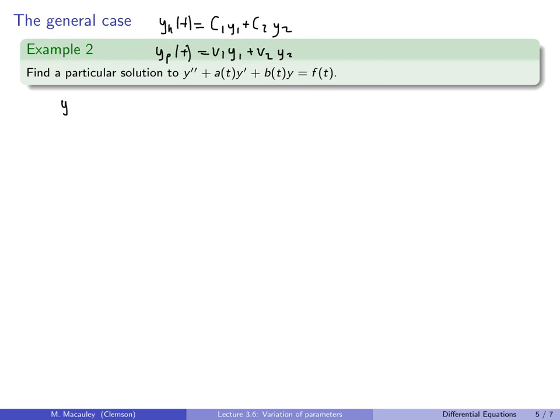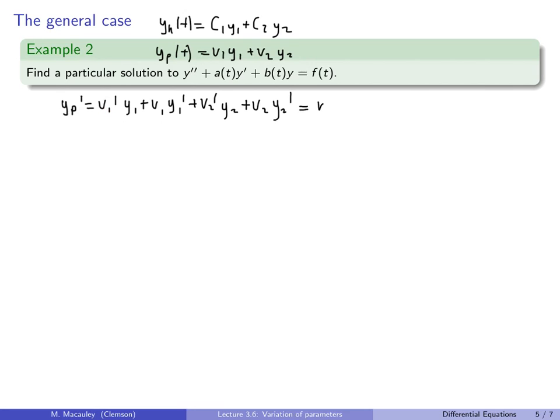So yp prime is v1 prime y1 plus v1 y1 prime plus v2 prime y2, just doing the product rule a few times, plus v2 times y2 prime. And as before, I'm going to group the things with the v primes in them together. The reason it worked before is because we didn't have any v1 or v2 primes. If we had that, then that system idea would not have worked.